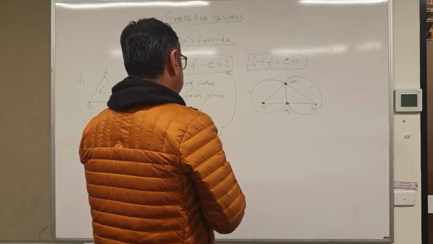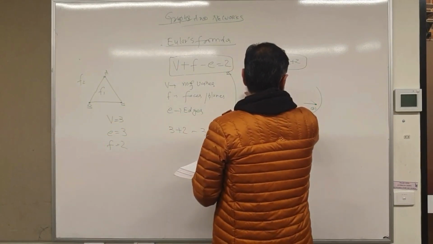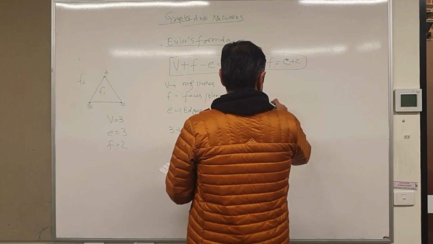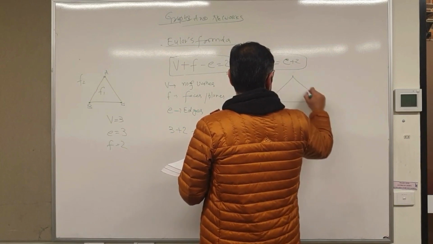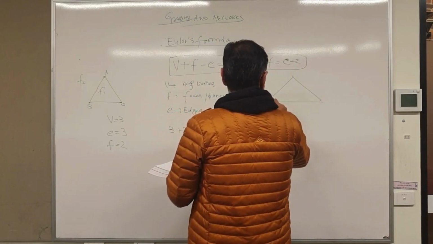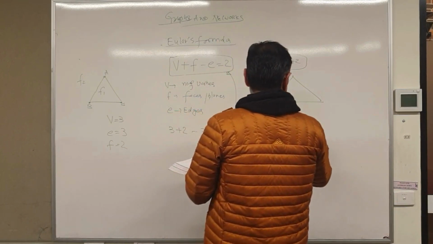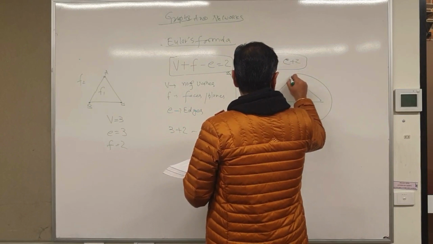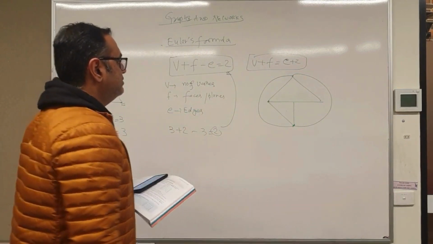Have I missed any connection, or drawn it incorrectly? Sorry, my graph's incorrect. So this is a triangle on the top, and this like this, right? And this is how I'm going to make it. That's the graph, right?